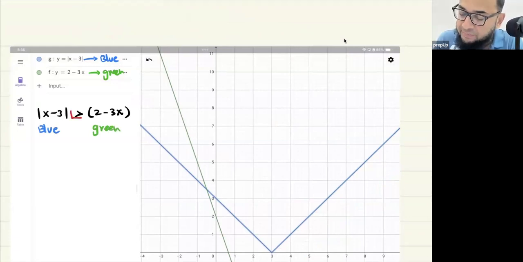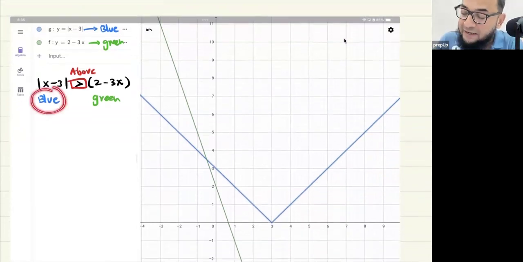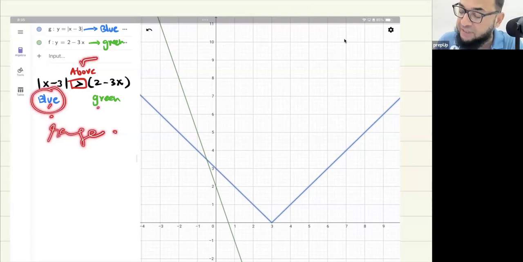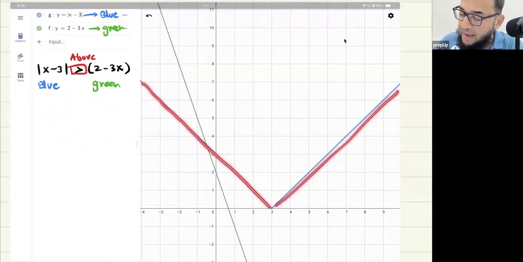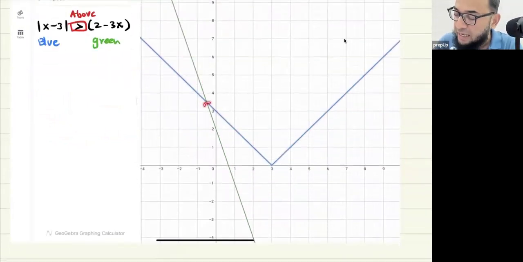And this greater sign means above. That means what is the range of values of x for which the blue is above the green line? This is blue and this is green going right over here. If we go to the right of this, the blue is above the green. Let me highlight this thing.